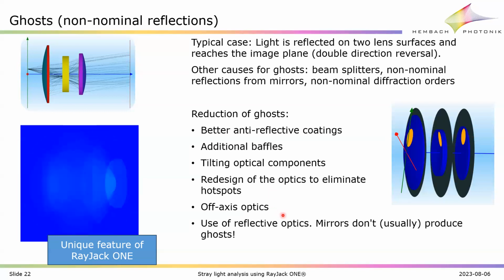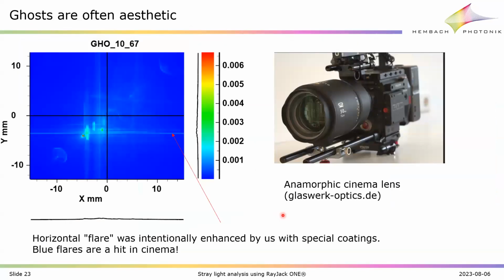And you may use reflective optics, because mirrors normally don't produce ghosts. Ghosts may be aesthetic, like here for this cinema lens, where we intentionally created this flare, which in true color representation will be bright blue.